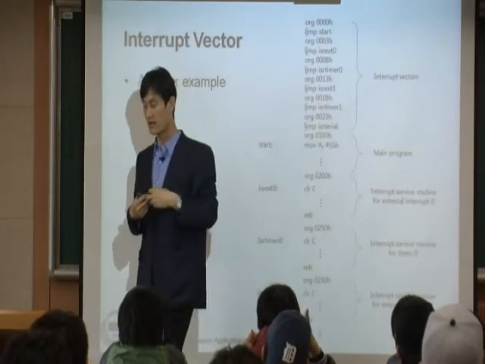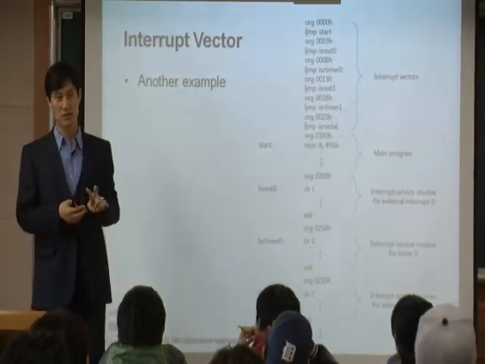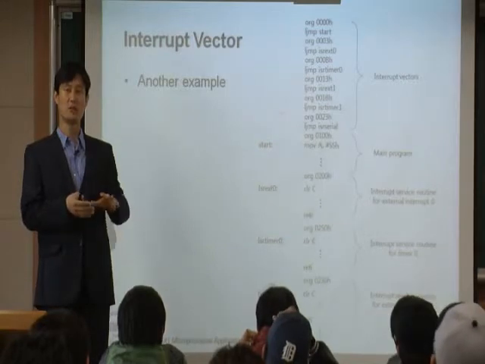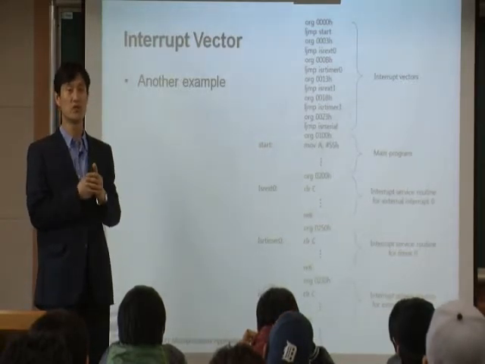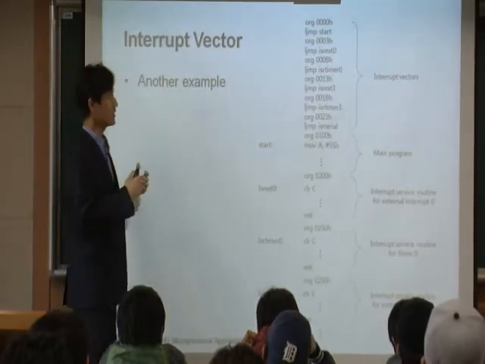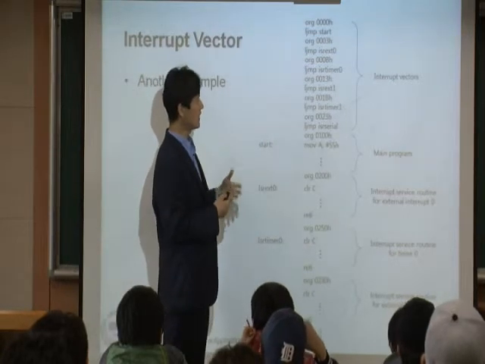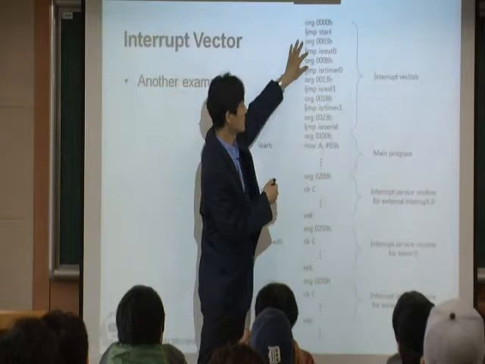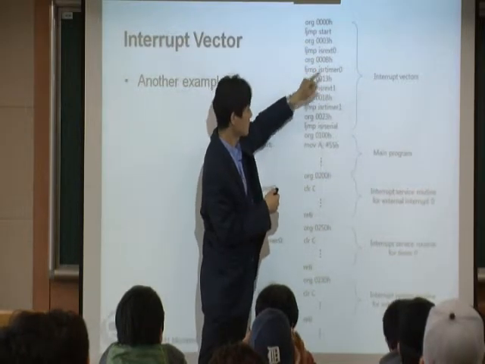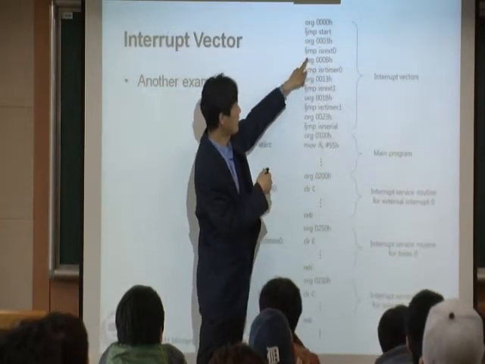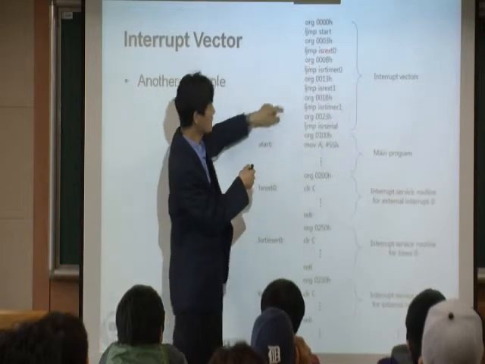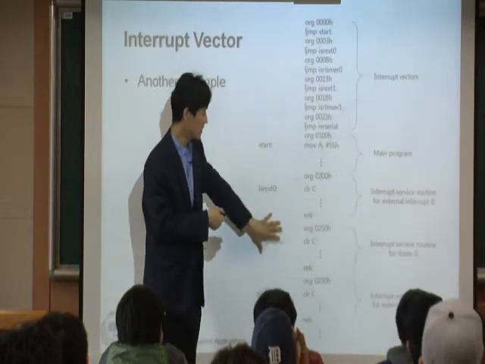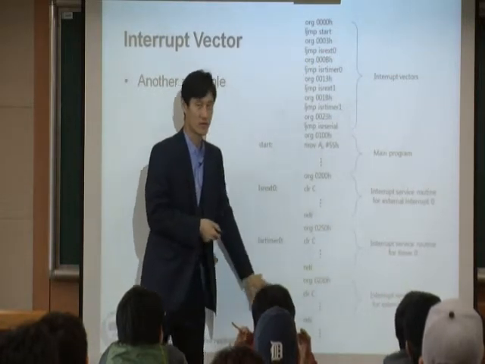I can enable only 2 different interrupts. Or if you need them, you can enable all of them. So depending on how many interrupt sources you want to enable, you need to make sure that you have the interrupt vectors. And the interrupt vector has to have a long jump to the actual service routine, and your actual service routine can be anywhere.